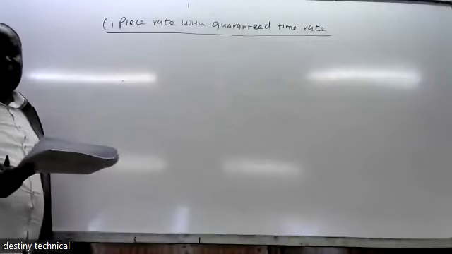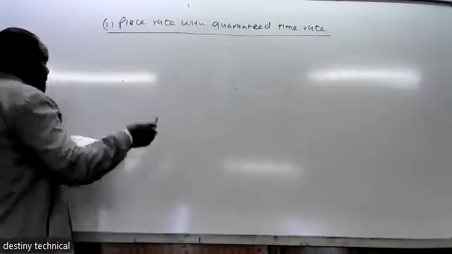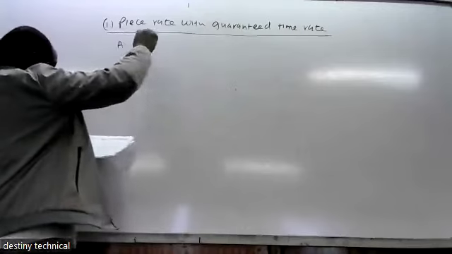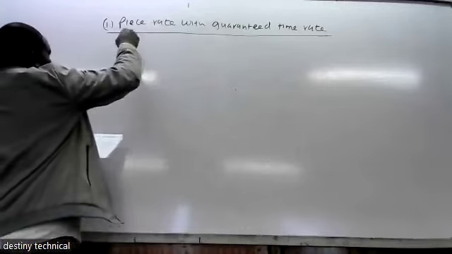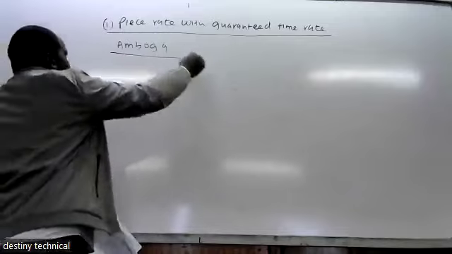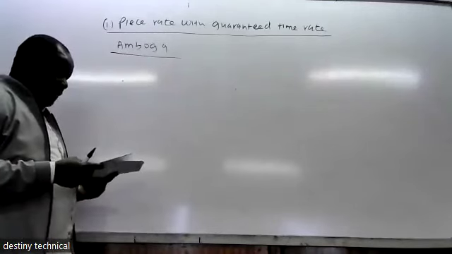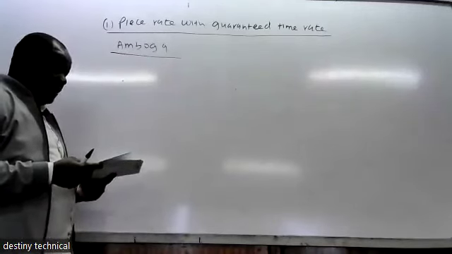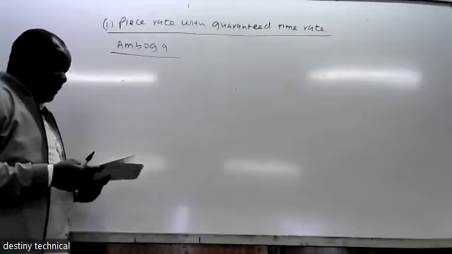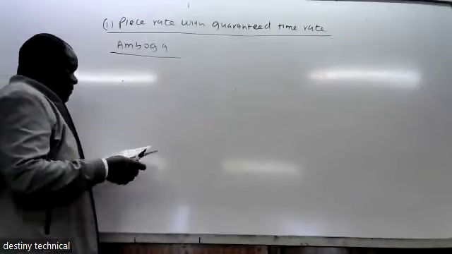So we start with the first worker, who is Abongo. They already have the minimum wage, where they say granted minimum monthly pay, or simply the guaranteed pay.